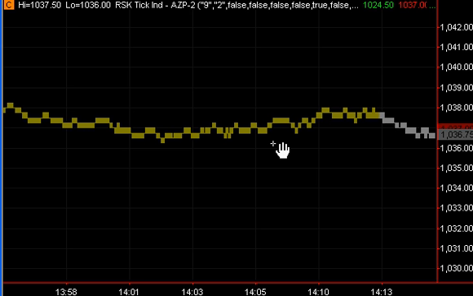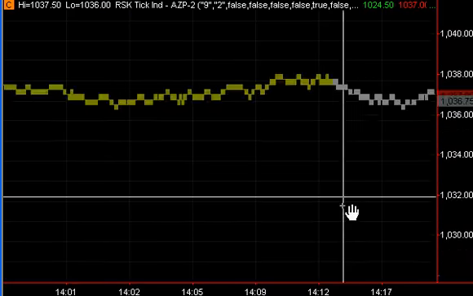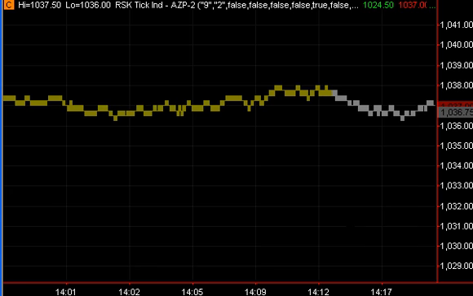It didn't quite happen today, and we would normally expect tomorrow to have to test the high before it begins to sell off, and hopefully will sell off into this gap fill at 1024.50. We'll wait and see. In any event, that's the primary trade for the day.